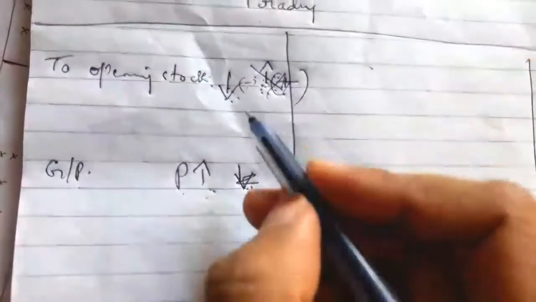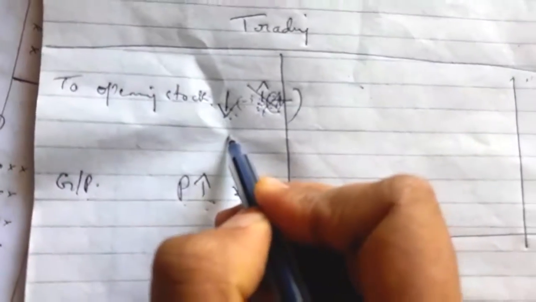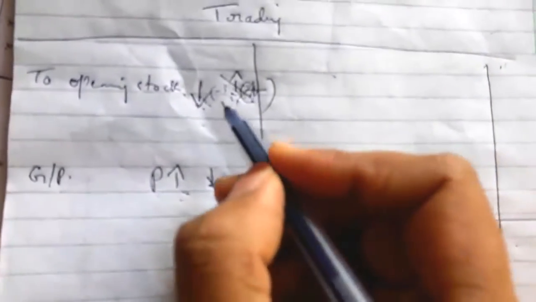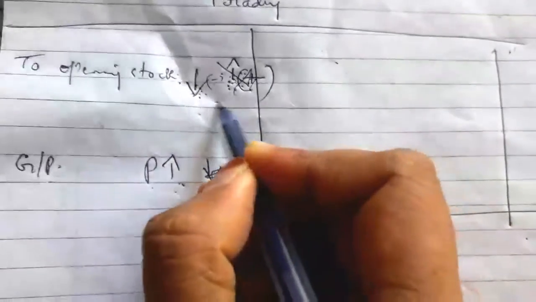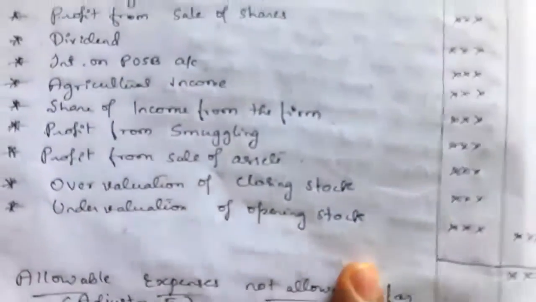So we have to record the actual opening stock, still more opening stock here, since it is actually recorded less. In order to record it, we have to deduct the undervalued opening stock. So that's why undervaluation of opening stock is deducted from net profit. Similarly, we have to do the treatment for closing stock.